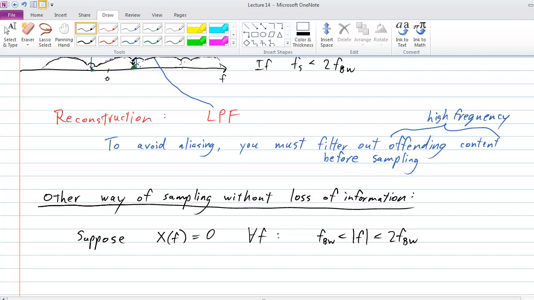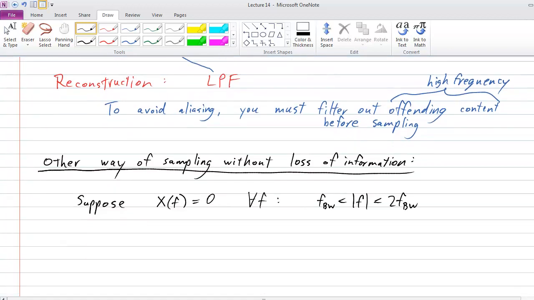Here I'm not saying that this signal has only low frequency content. I'm saying let's assume it has some middle range of frequency content. It doesn't have low frequency content, and it doesn't have really high frequency content. So that means we've got something that looks like this.